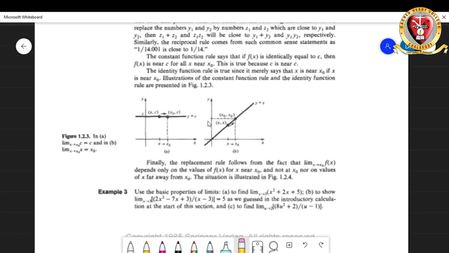We will give an illustration with respect to the constant function c. Suppose we have a constant function c, this is c. This will be f of x is equal to c, the line f of x is equal to c, or y is equal to c. So everywhere the value will be c. So the limiting value will be always c. And y is equal to x, or f of x is equal to x.